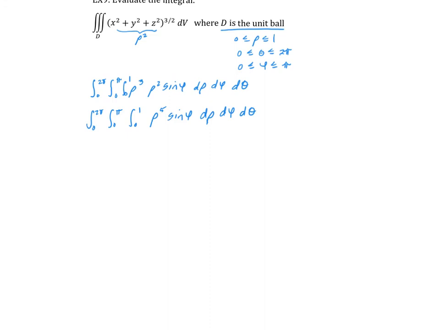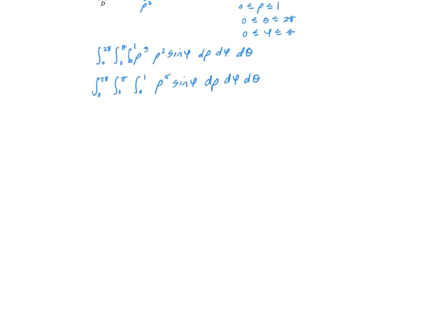Integrating with respect to rho, notice that the sine phi, I could just ignore it. It's like a constant. So I'm just going to leave it out and do rho to the 6 over 6 from 0 to 1.